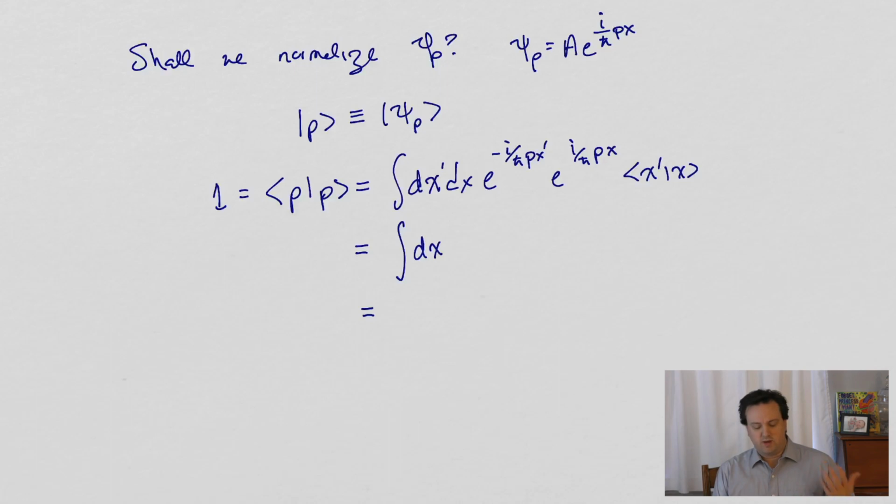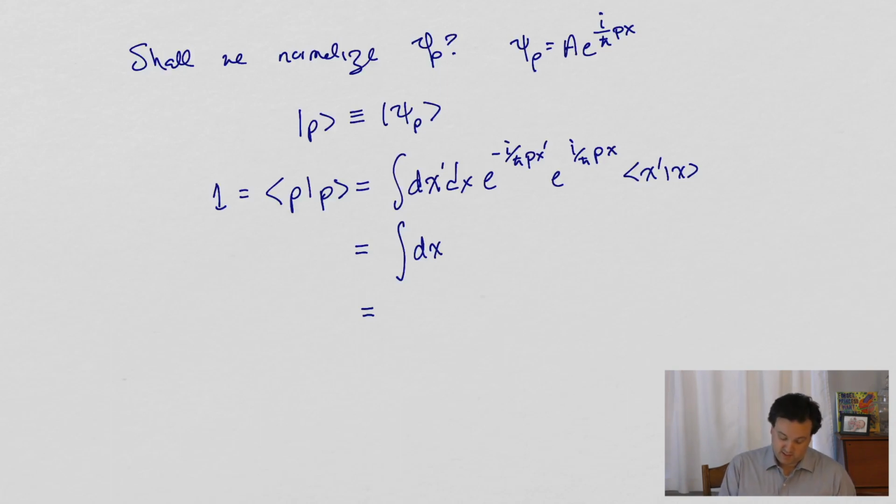So now we're adult enough to say the eigenstates of the momentum operator, which we were calling psi sub p before, we're just going to call those p. Those are good eigenstates of the momentum operator. If it's a good wave function, it has to be normalized, and so I'm going to say 1 has to equal p dot p. That's normalizing a wave function. So I plug in 2 copies of p. The bra version has an x prime. The ket version has a regular x.